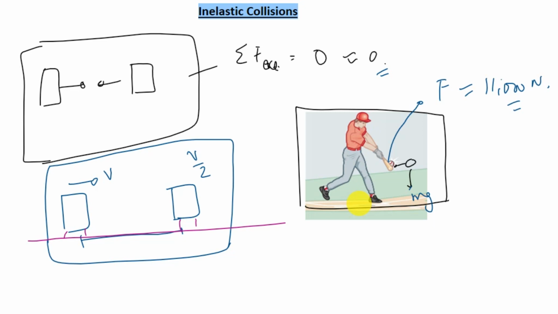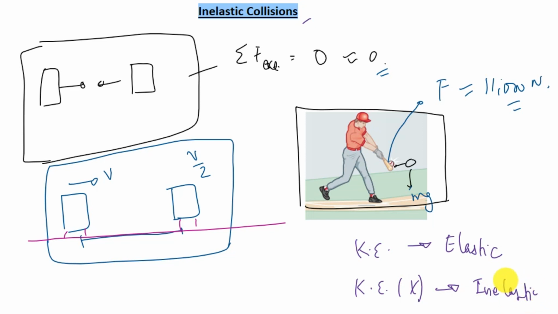That is why we have made two categories of collision: the first is elastic collision and the next is inelastic collision. Whenever the kinetic energy of the system is conserved, we say it is an elastic collision, and whenever the kinetic energy is not conserved, we say it is an inelastic collision. These are the two categories we have made based on the kinetic energy.